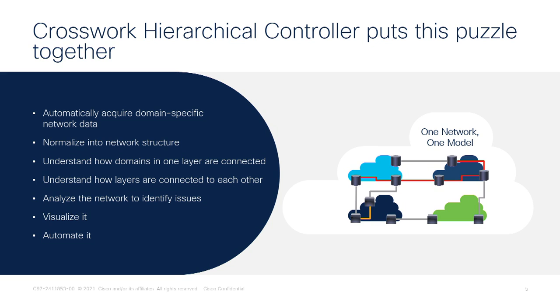And so you have a single network model, a single understanding of how traffic can go across the network, and importantly, a single understanding of how different parts of the network depend on each other and serve each other's purposes. Once we have this understanding, we can do all sorts of things. We can visualize it, we can analyze it, we can automate it.